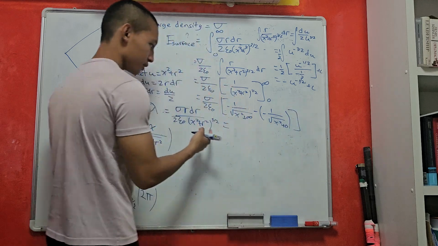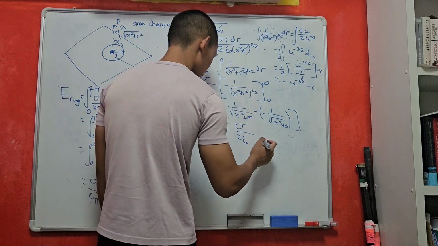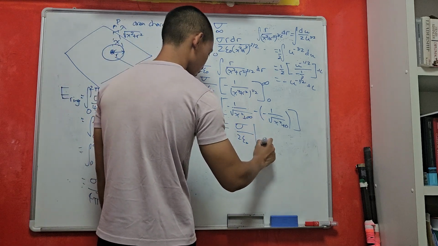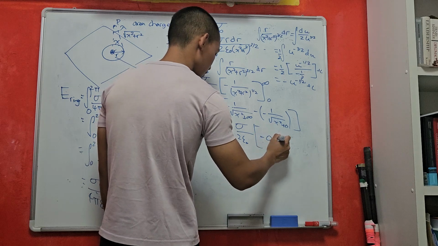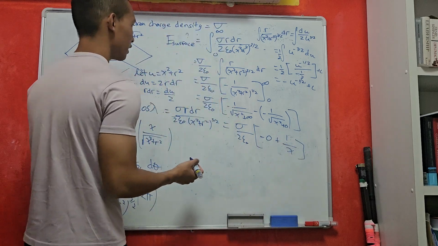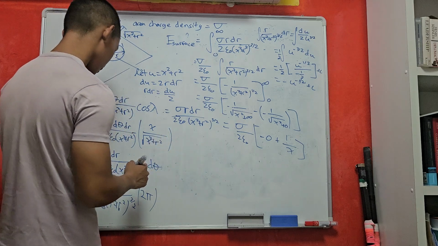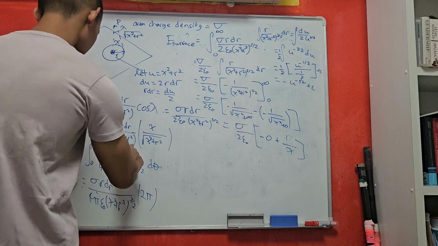And this will give us sigma over 2 epsilon naught times minus 0 plus 1 over x. And we're actually missing something here. We are missing an x here.